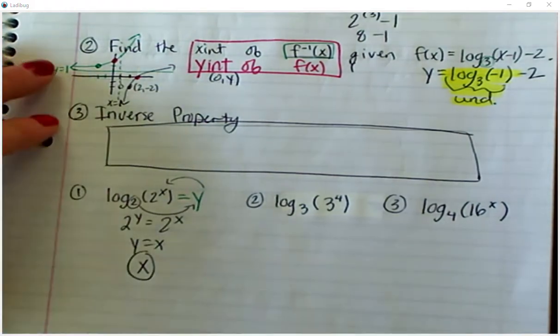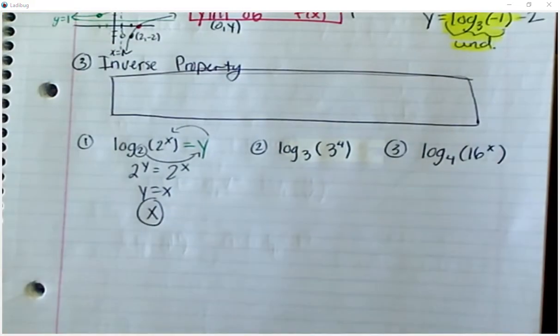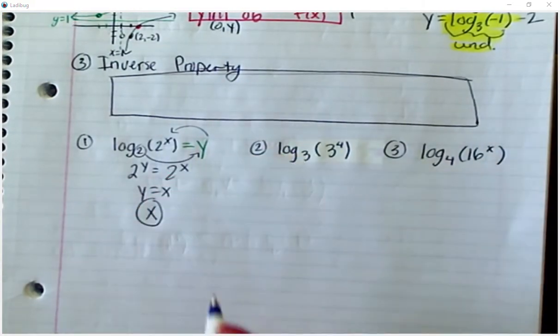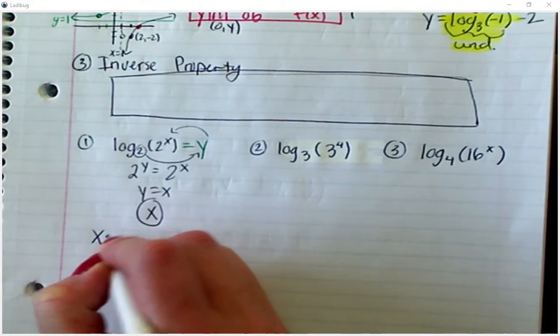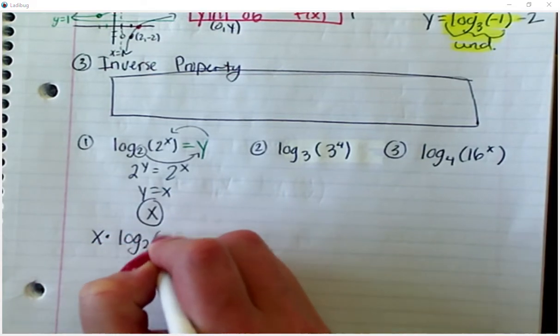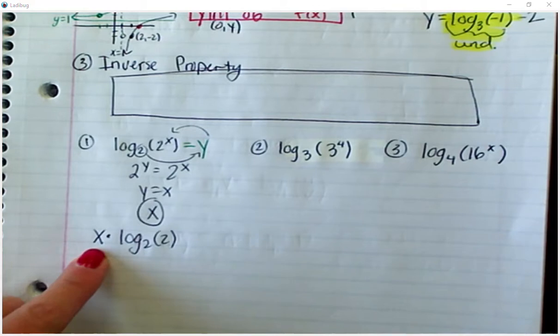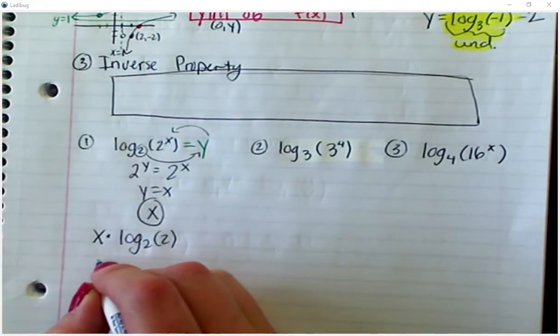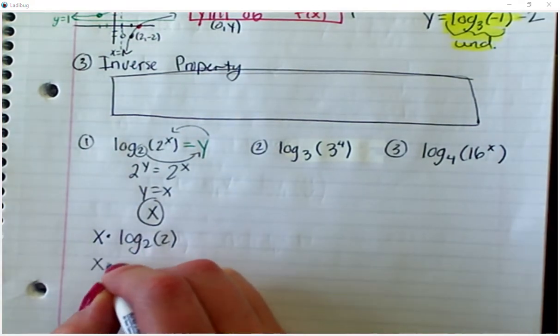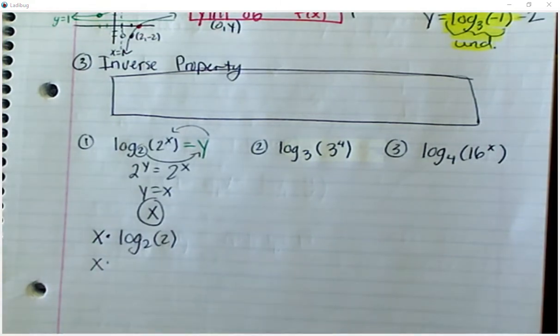Remember the properties that we did last class? What can that exponent do? Exponents, right? Using my property, I can bring the exponent down in front. What's log base 2 of 2? In unison.